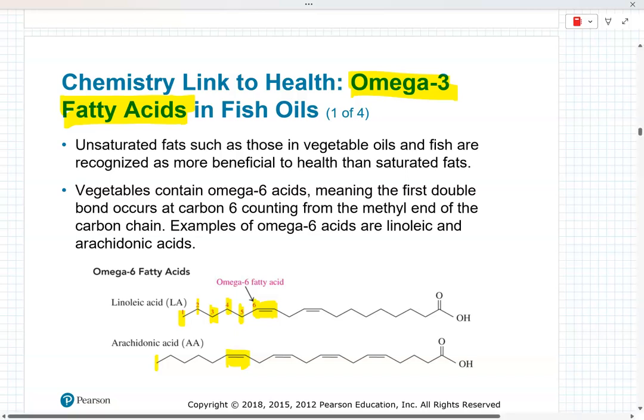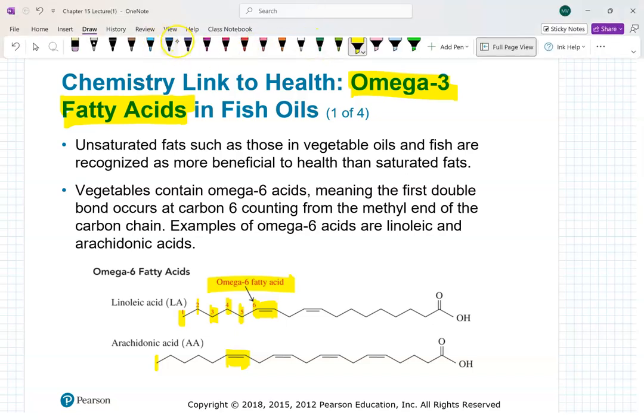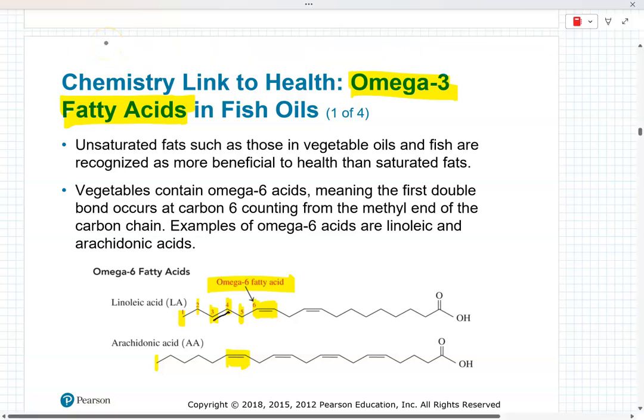Good? So this is why we call them omega-6 fatty acids. If we have a double bond at the carbon number 3, essentially here, that would be omega-3 fatty acid. Okay?